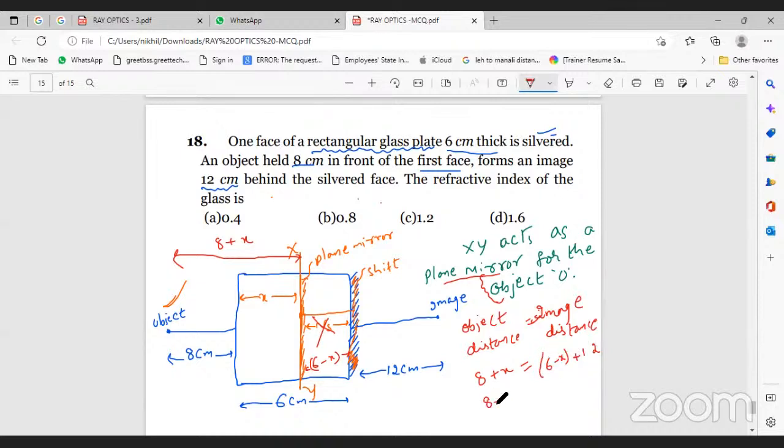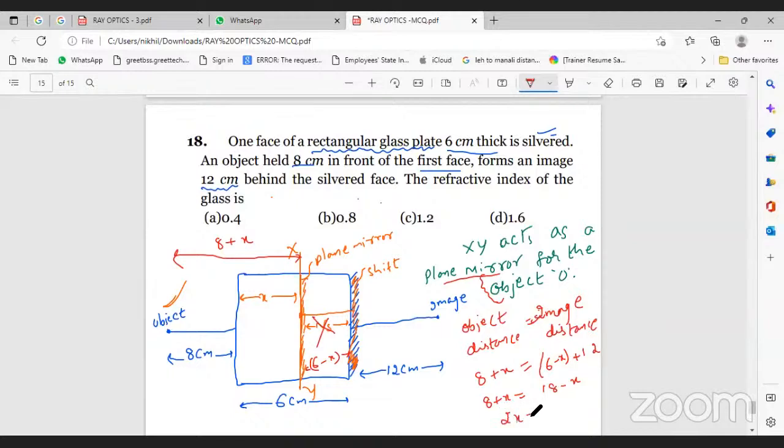On simplification, 8 plus x is equal to 18 minus x. Correct?